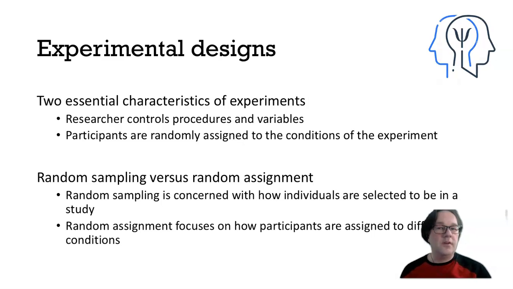One thing that we should note is that there is a difference between random assignment and random sampling. So when we talk about sampling in general, this refers to how we obtain our participants. In an ideal world, we would have random sampling.